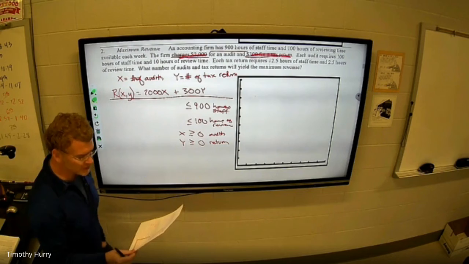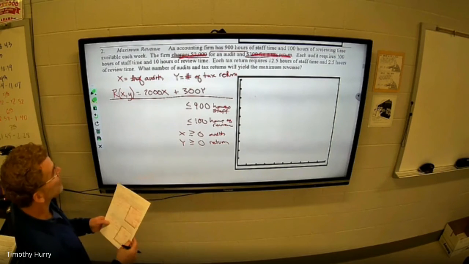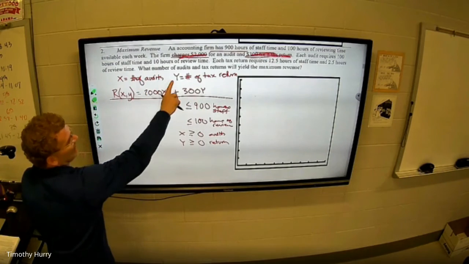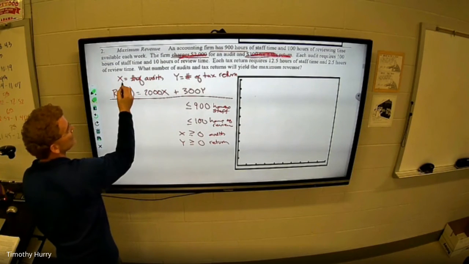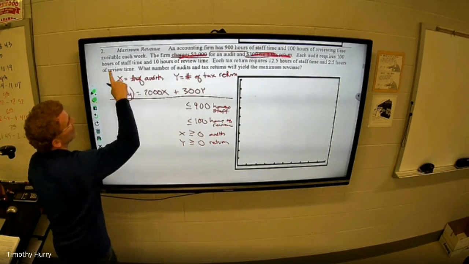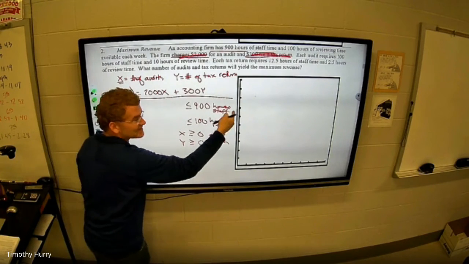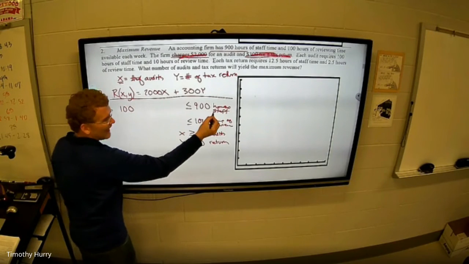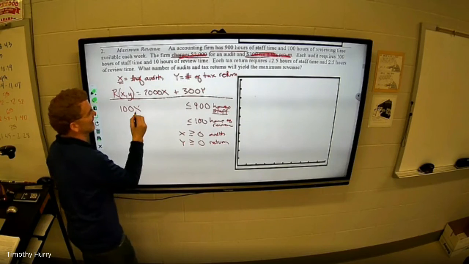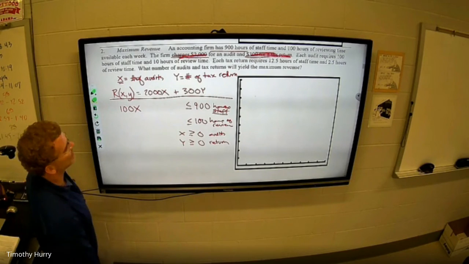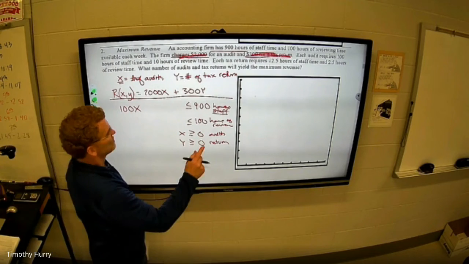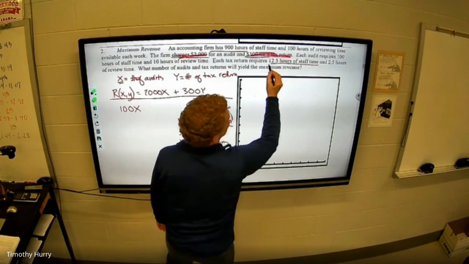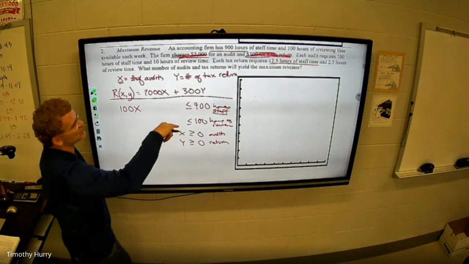Now looking at that 900, this is staff time. When you read through this staff time, what do you see? An audit, X, requires what? 100 hours of staff time. This is a staff hours equation. So 100 hours of staff hours are going to be used for each X. But also 12.5 hours of staff time is going to be used for each what?